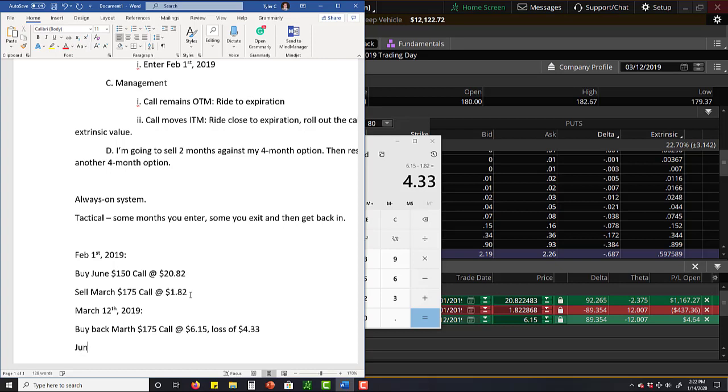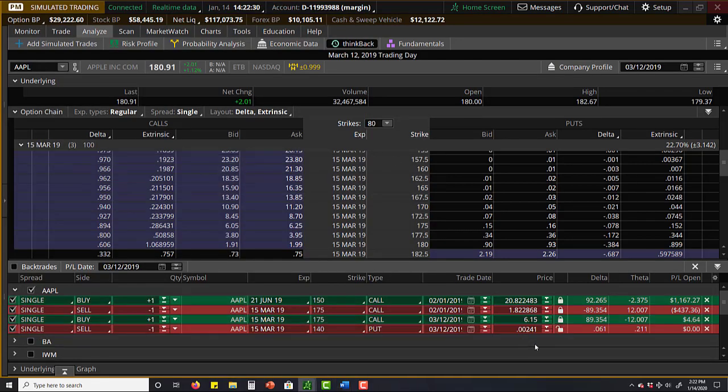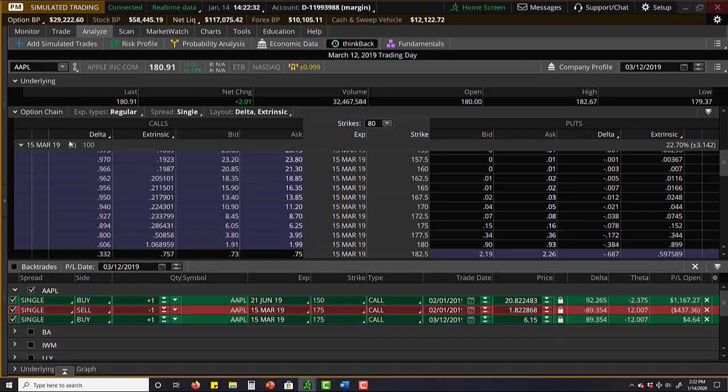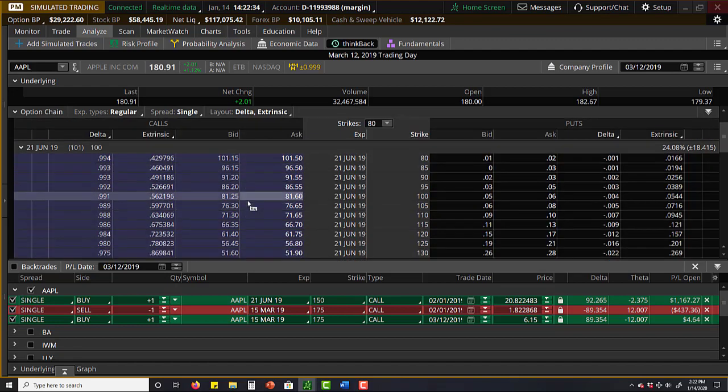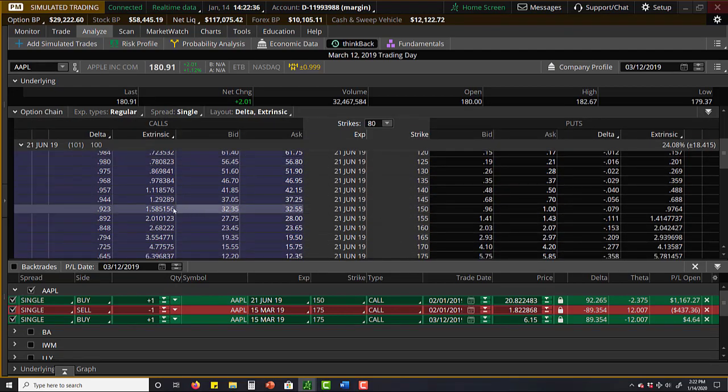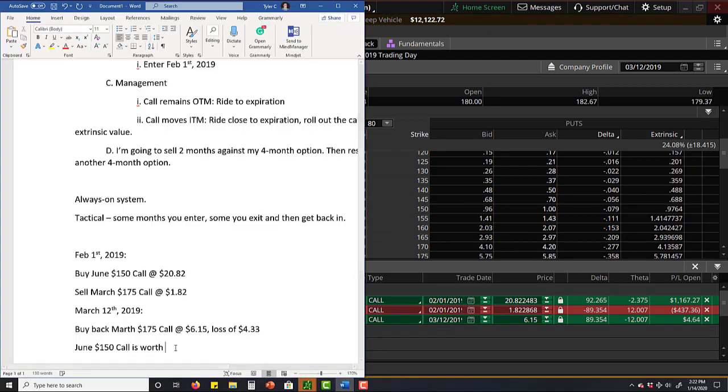Now, the June 150 call, let's see how much that is worth, because you're going to have an unrealized gain in that other call. So let's go to June, and let's go to that 150 call. It is worth $32, let's round it, $32.50.